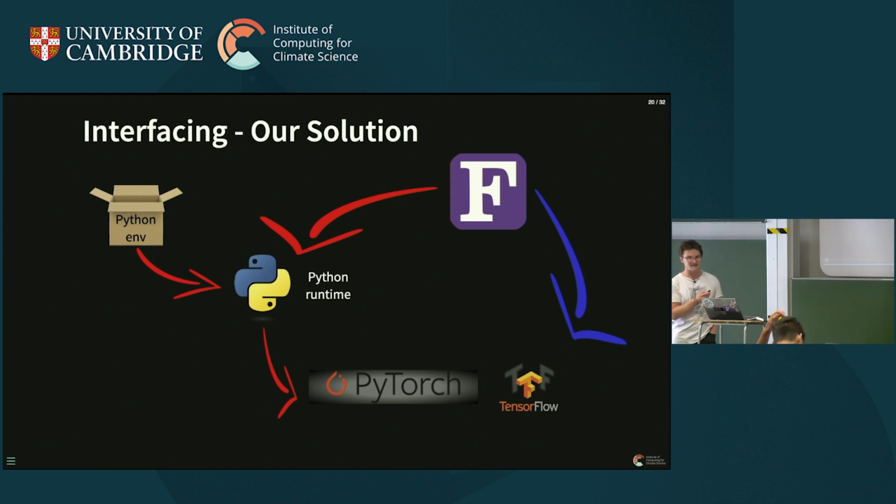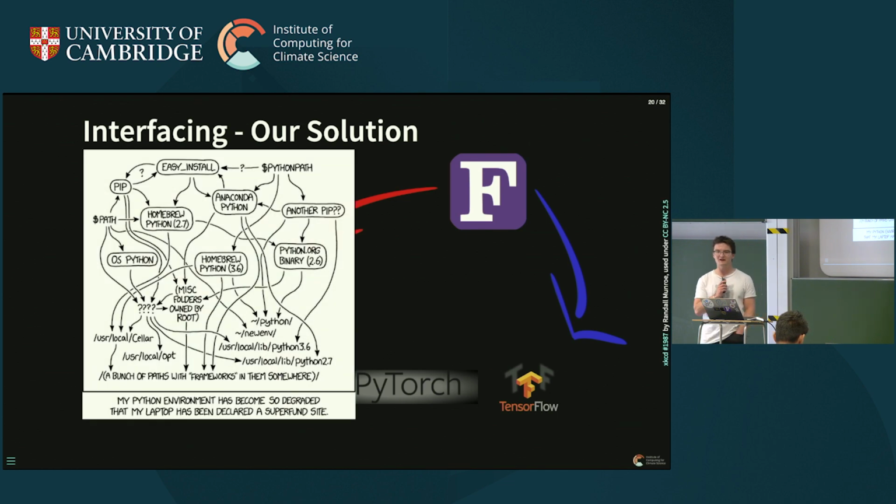This is particularly good because XKCD sums up quite well that Python environments, and indeed some of the ones we've seen this week, yesterday, trying to set up, can be an absolute cesspit and break.